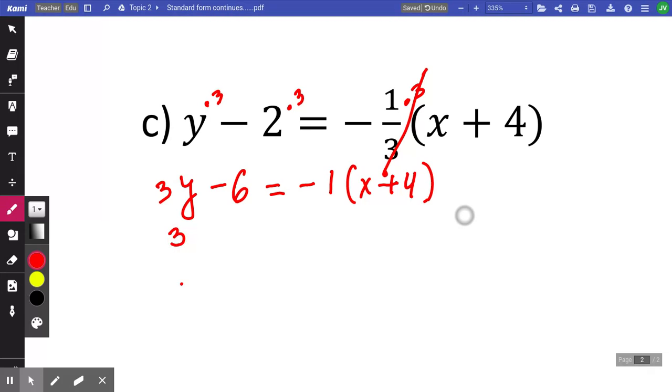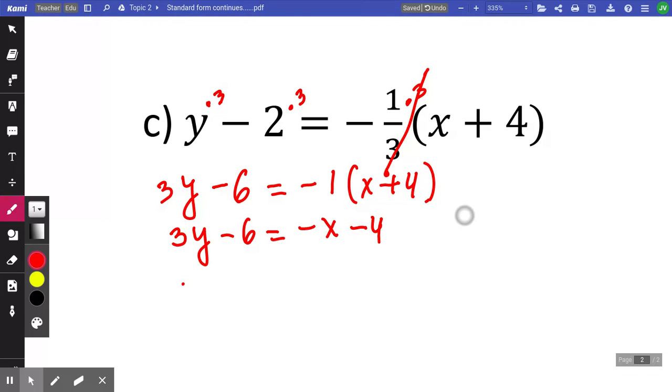Now, let's use the distributive property and cancel those parentheses. 3y minus 6 equals negative x minus 4. This negative x needs to be on the left side, so I'm going to add x to both sides so I can cancel it.